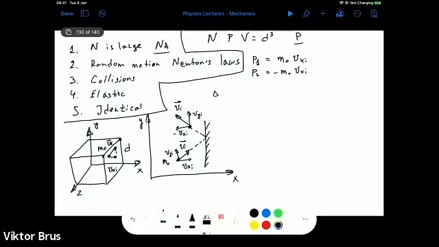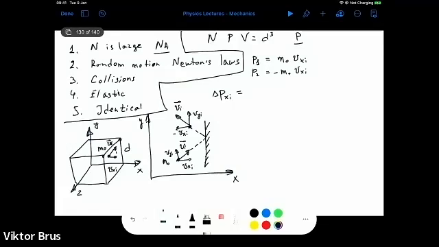So change delta Pxi of this particular molecule will be equal to P2 minus P1.